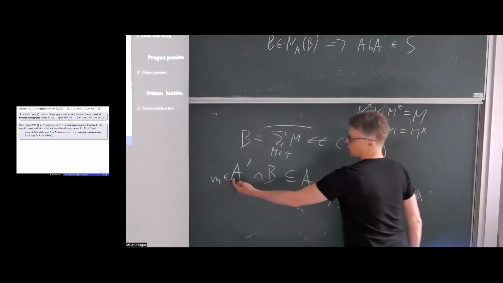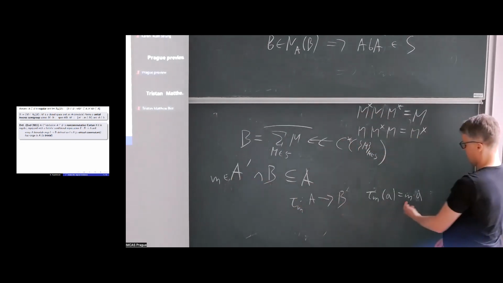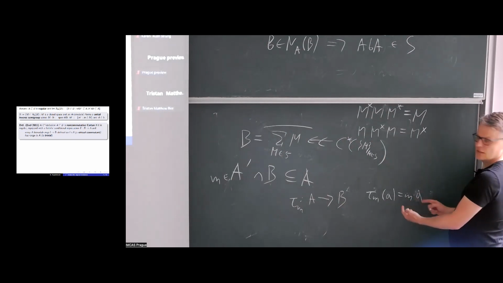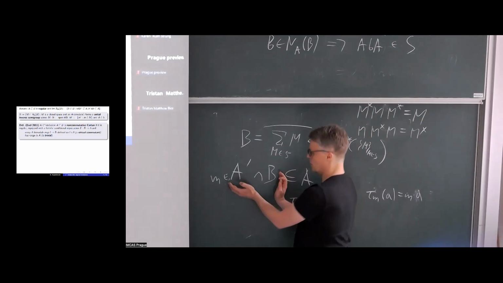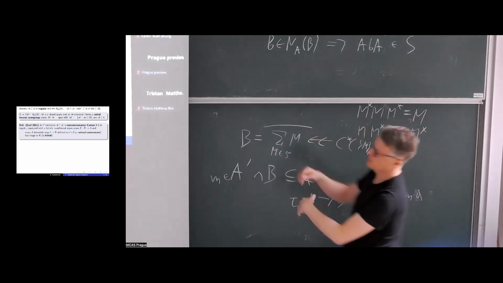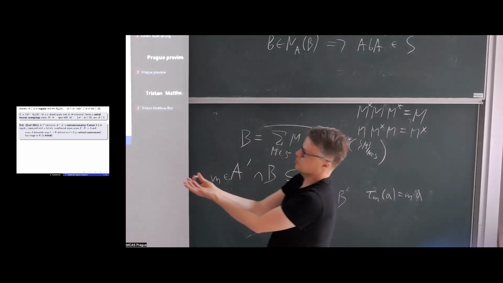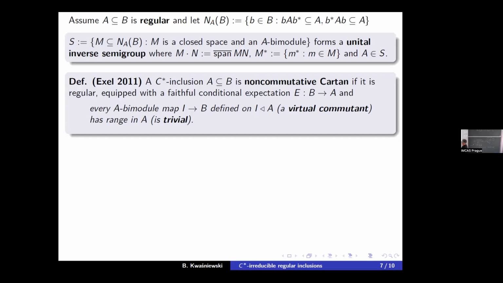Whenever m commutes with A, this map is an A-bimodule map, because you can move m around. So any element of the commutant will give you a virtual commutant in the sense of Exel, but he considers more general maps, and he also considers maps that are defined only on an ideal.